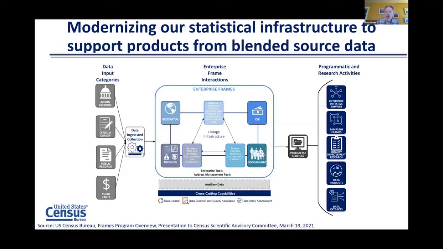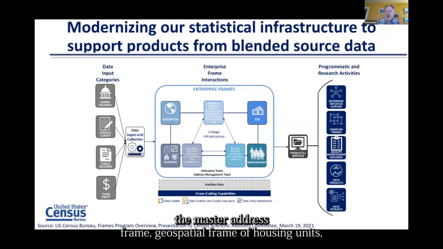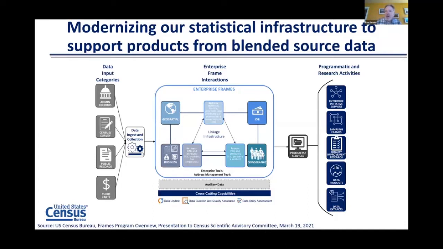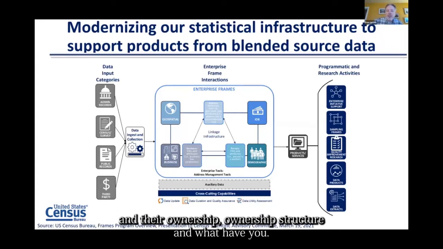And so at the Census Bureau, we have several frames that we use for survey operations. The census and the ACS are based off of what we call the master address frame, a geospatial frame of housing units. The economic census and all our business surveys are based off the business register, which is a list of businesses operating in the country and their locations and their ownership structure and what have you.